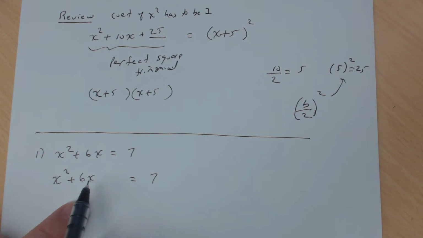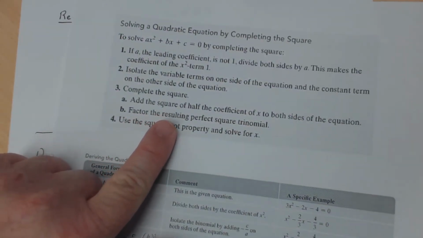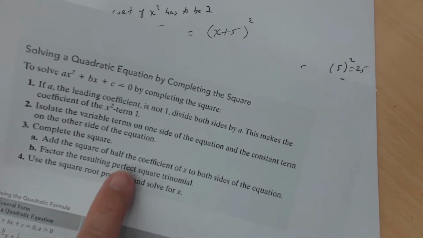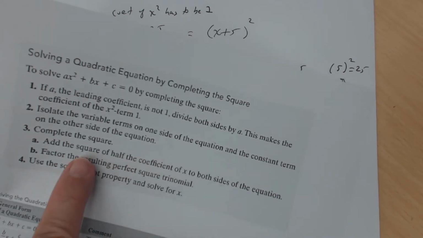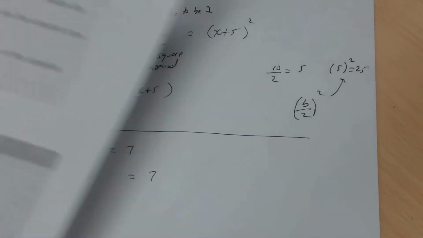To complete the square, this is what the next part says. You're going to add to both sides, because this is an equation. If you do it to one side you have to do it to the other to keep it balanced. So you add the square of half the coefficient of x to both sides of the equation.